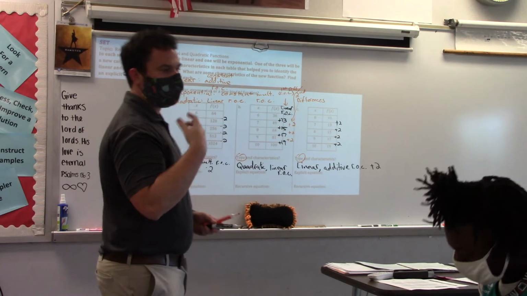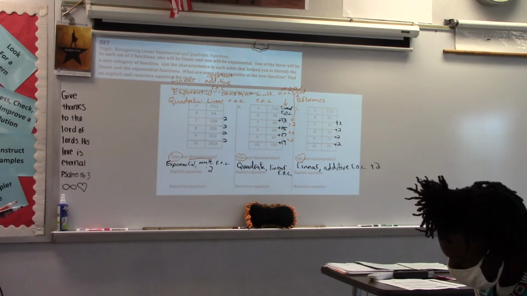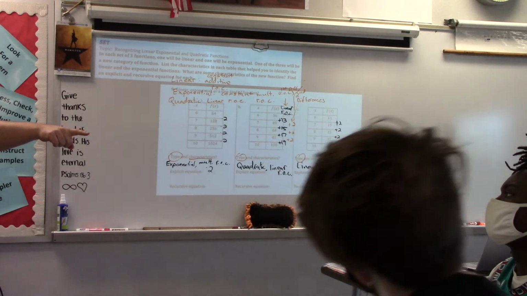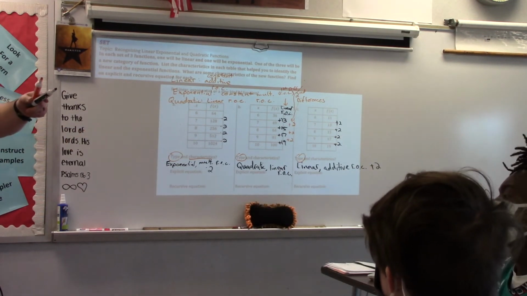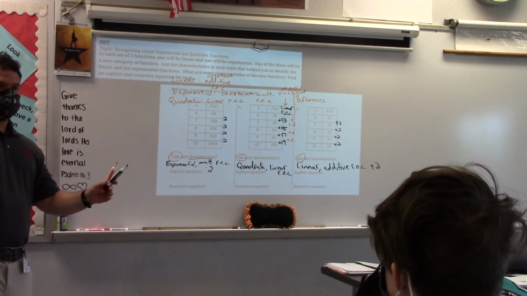So we have to look at those sets of differences or those ratios in order to determine all that information. We good there? Any questions? You good, Dwan? Tony, you good? Brooklyn, you good? Cool. Everybody good?